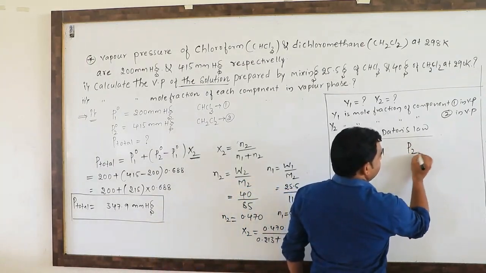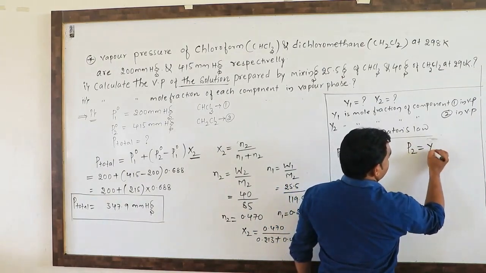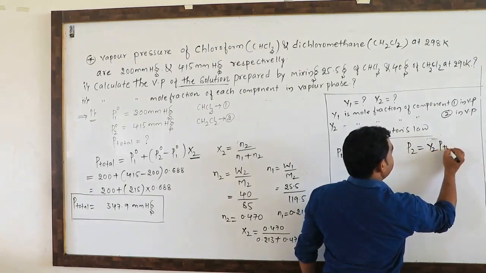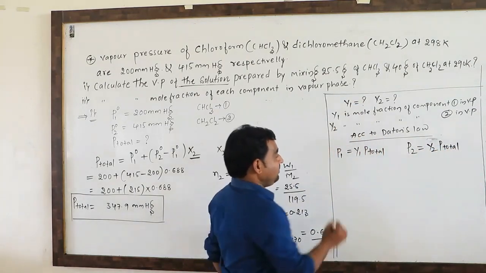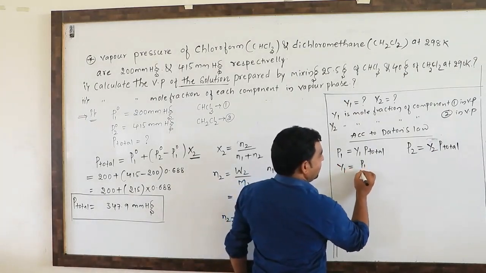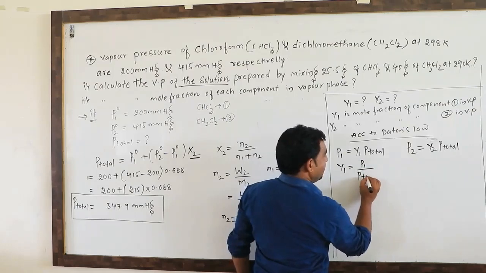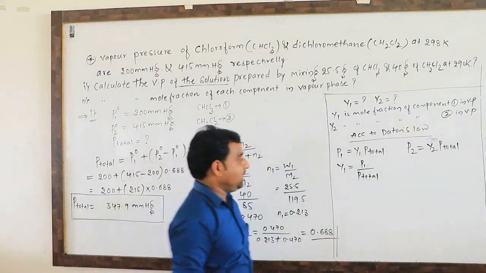Similarly, P2 is equal to Y2 into P total. So we have to calculate Y1. Y1 is equal to P1 divided by P total.